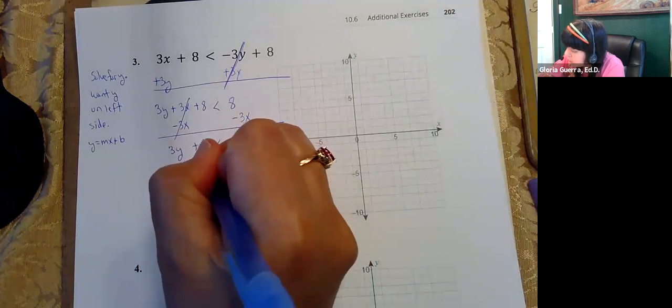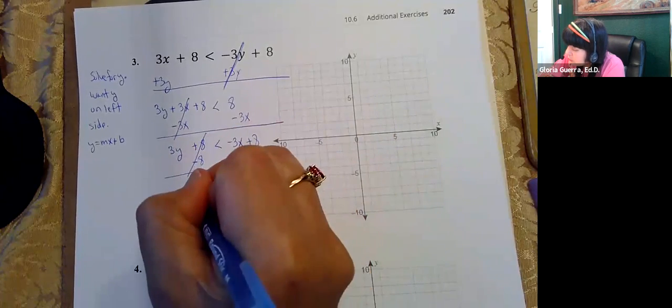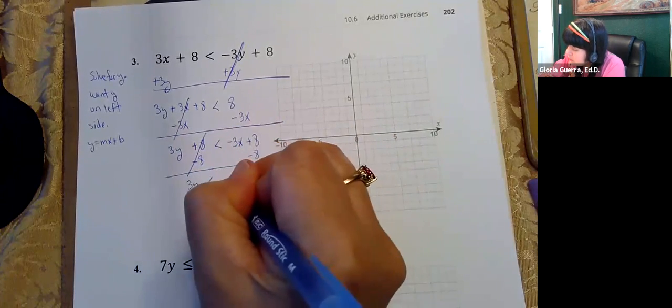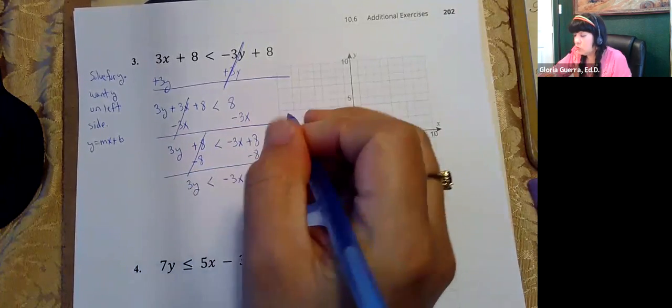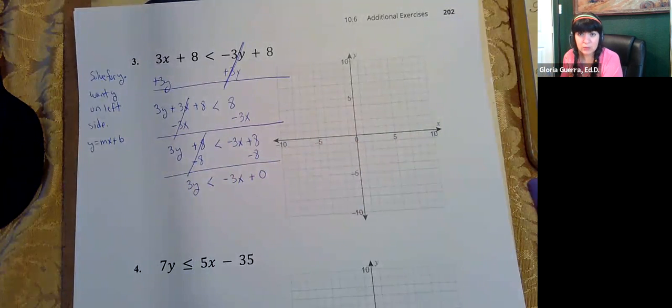Now I'm going to move this 8 over. I'm going to subtract 8 on both sides. So then I have 3y is less than -3x. And it just turns out that 8 take away 8 is 0, so my constant is 0. That's okay. Sometimes that can happen.